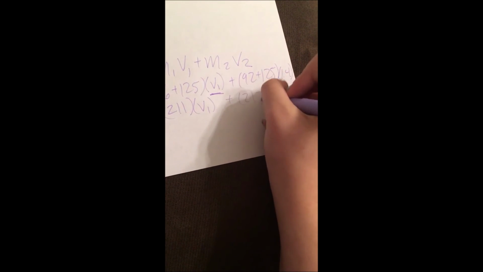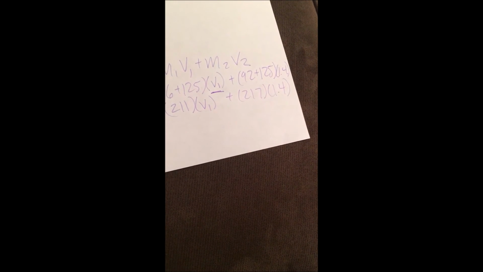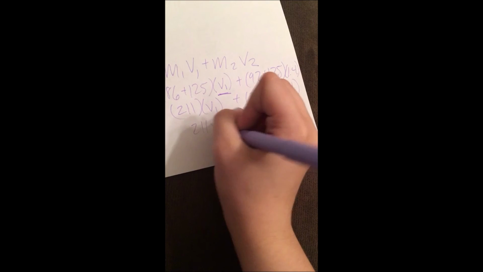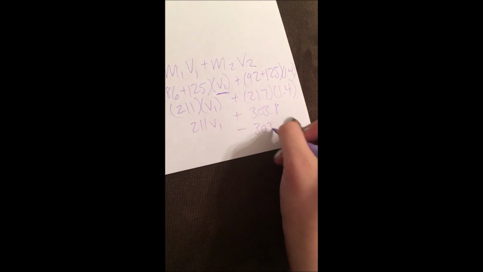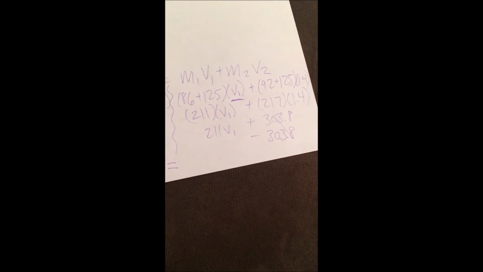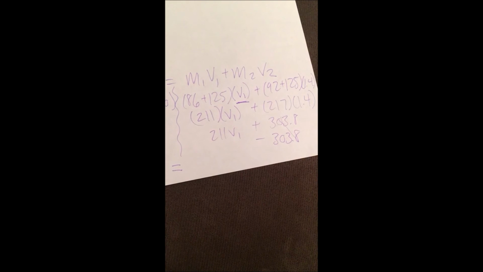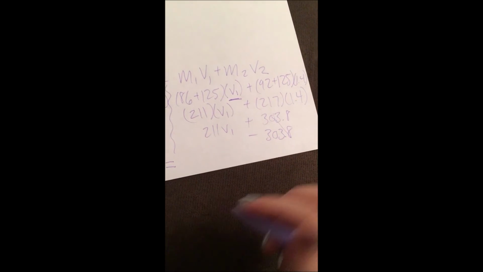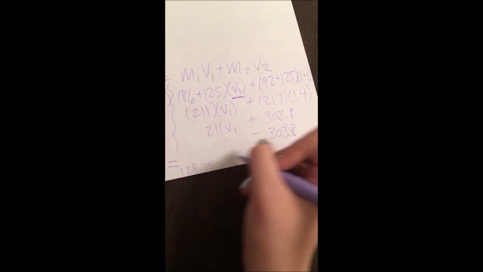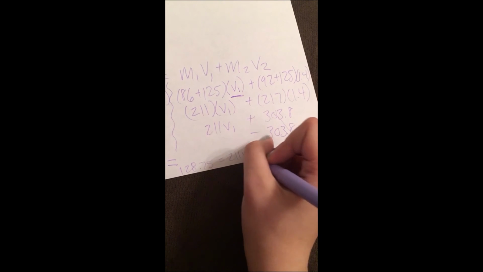Now 92 plus 125 we also know is 217. Now we need to multiply that times 1.4, which equals 303.8. Now we would subtract this side from the other side and get 128.75 equals 211 v1.